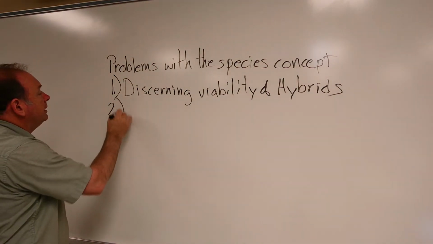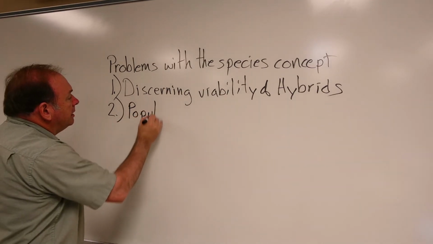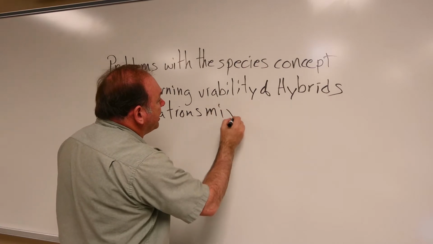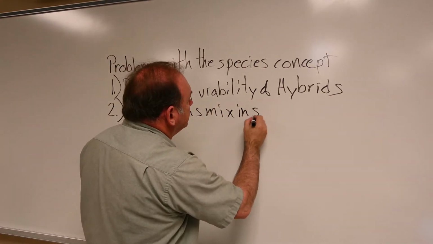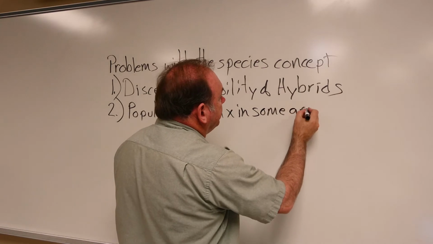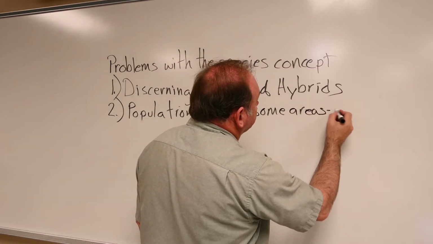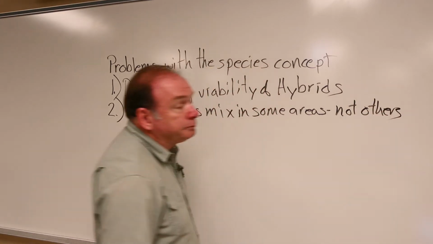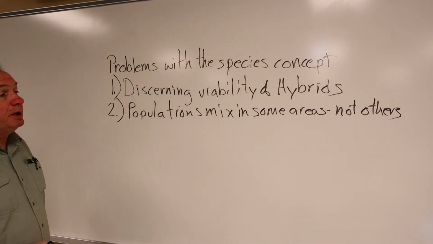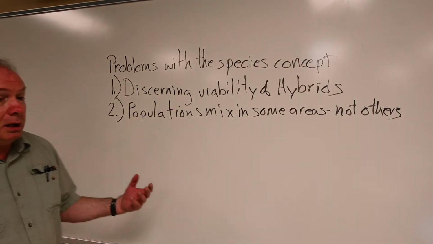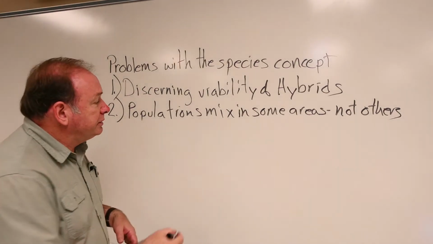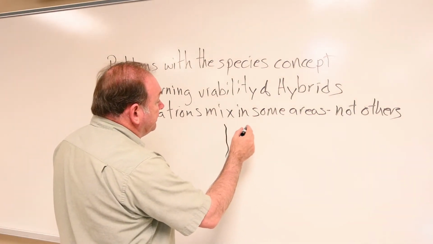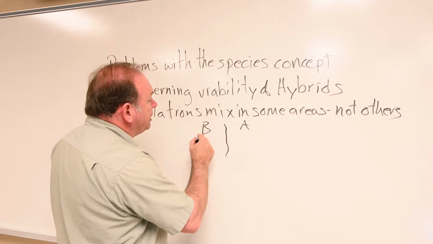The second: populations mix in some areas but not in other areas. So two species come together, say there's a line here where species A is on this side and species B over here.